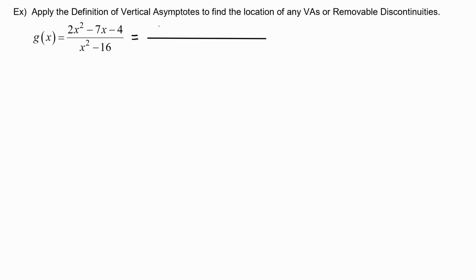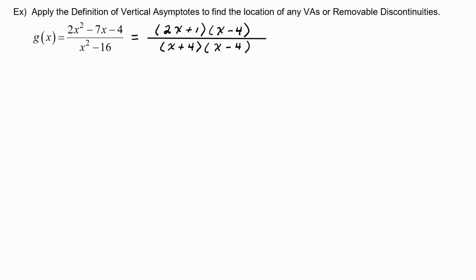The numerator is going to factor into 2x plus 1 times the quantity x minus 4, and the denominator is the difference of squares, so that's quantity x plus 4 times quantity x minus 4.